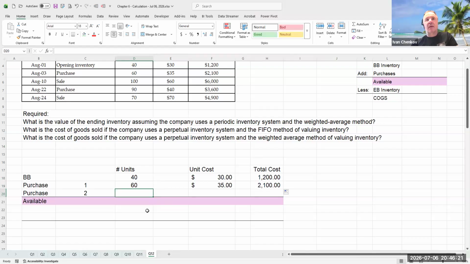Next one, we have 90 units purchased with $40 per unit. Total cost is 90 times $40. That's $3,600. So in total, how many units do we have? 190 units.